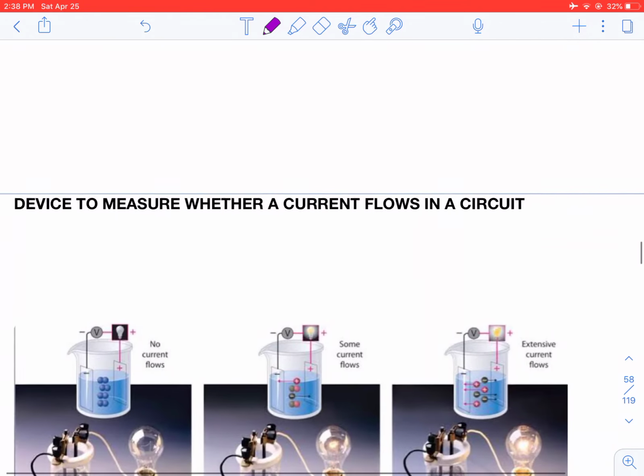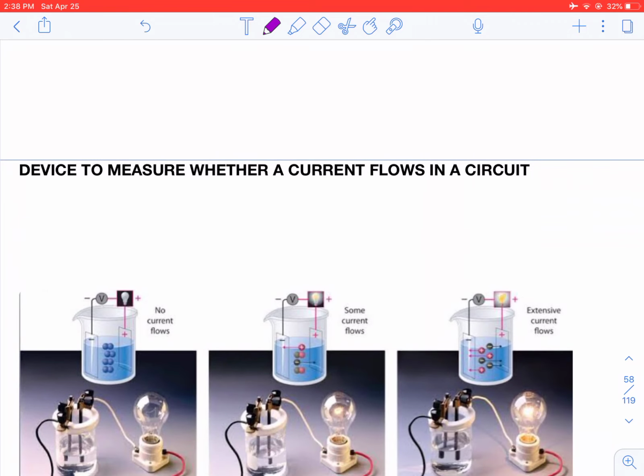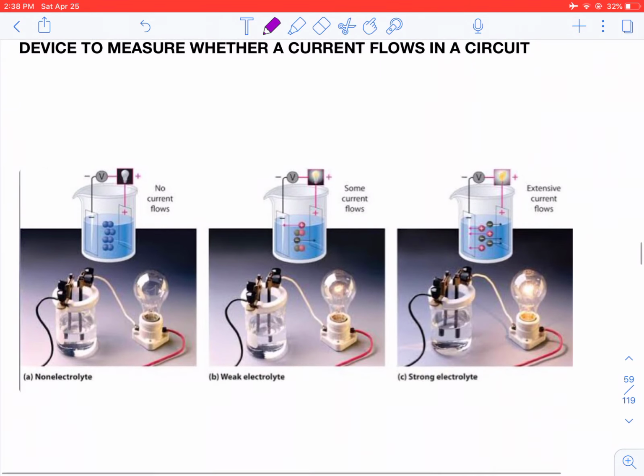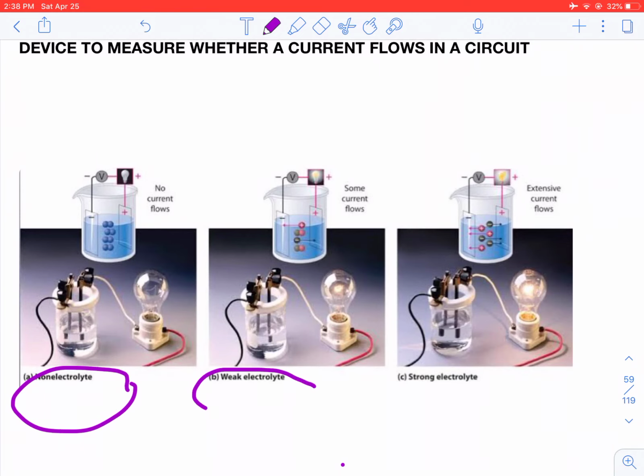Now let's look at the same device again, but it measures the flow of current. Here in this case, you've got a bulb again. So here you have a non-electrolyte, because the bulb is not burning. There it's a weak electrolyte because the bulb is dim. And here we've got a strong electrolyte because the bulb is bright.